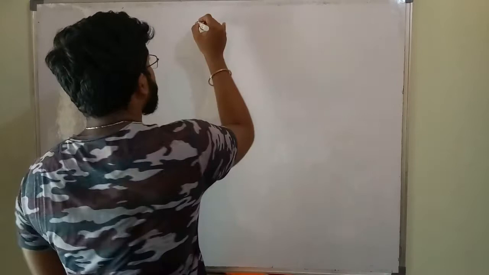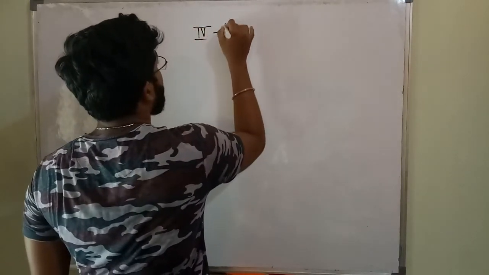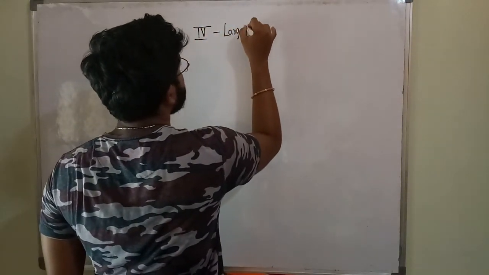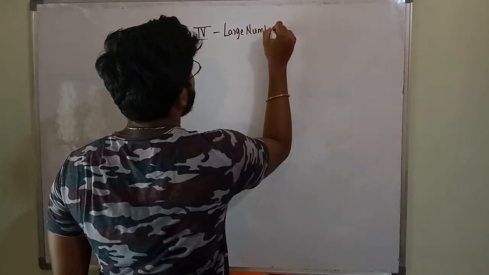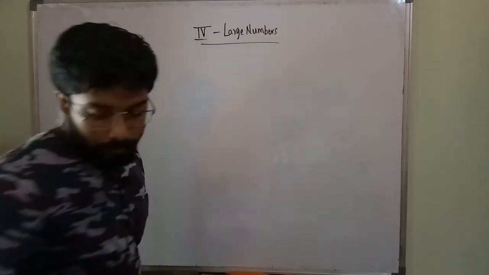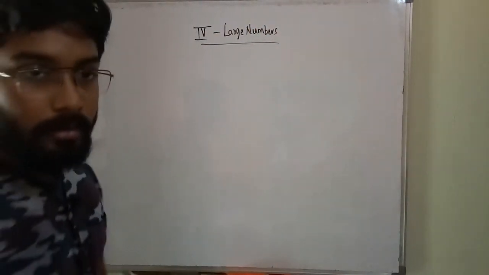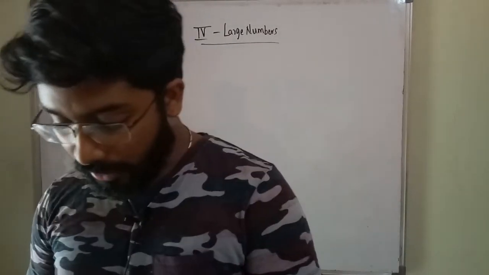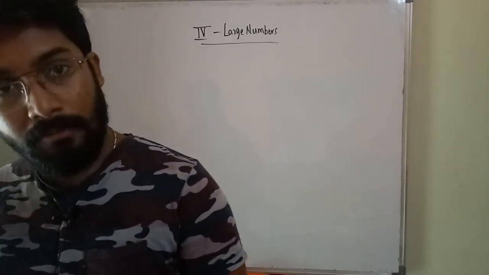So students, in previous class we have completed up to page number 73, no? This is 4th class large numbers. We have completed this Indian place value system for lakhs period.